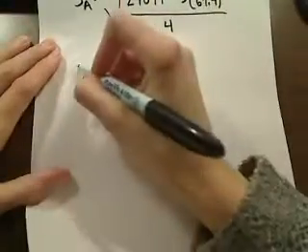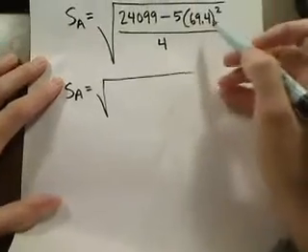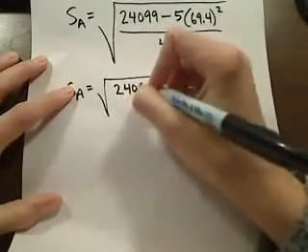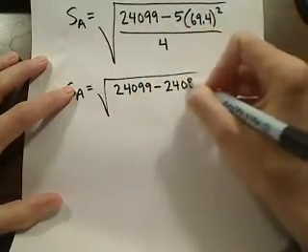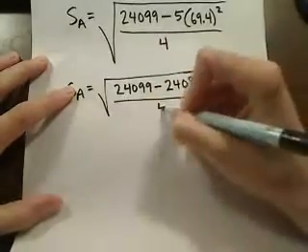Okay, so in the numerator here you want to square first, square this first, and then multiply by 5, you're going to get this number, 24,081.8, and that's all over 4.